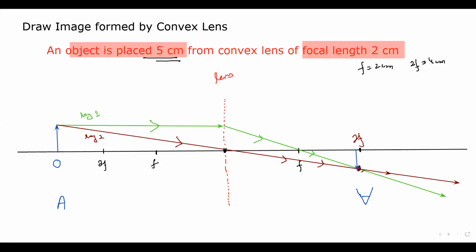So at the last you can complete this lens. This is a lens, a parallel light ray passes through the focus, one through the center will pass straight, and the two light rays will intersect, and that is the position where the image will form.